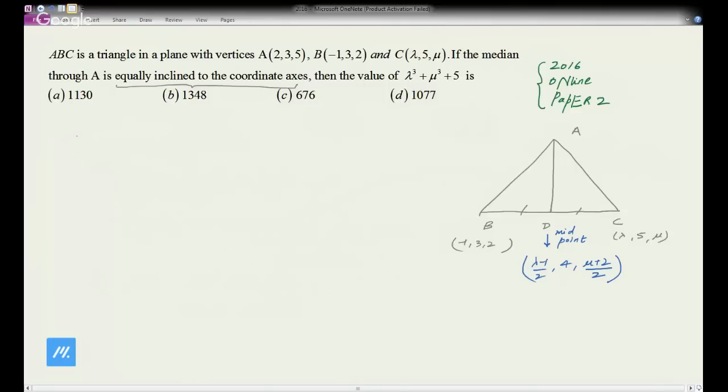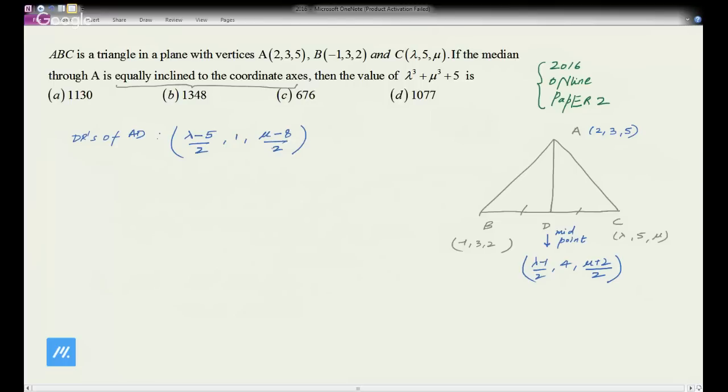And what will be the DRs of AD? A is given as (2, 3, 5). So what are the DRs of AD? You just have to subtract them. So what does it come to? Lambda by 1, and this one will be mu minus 8 by 2. So these will be the DRs of this line. Anybody having any confusion till that?